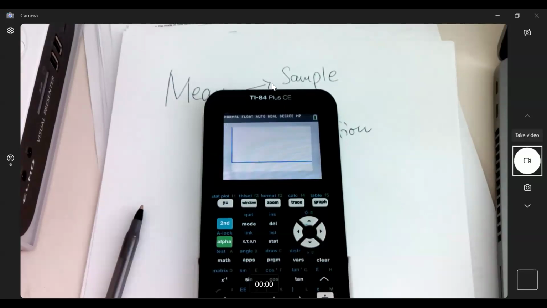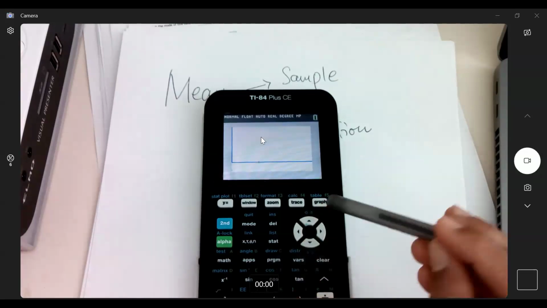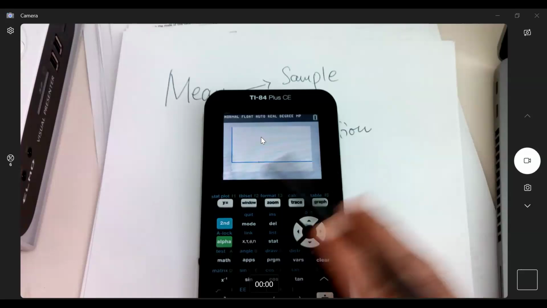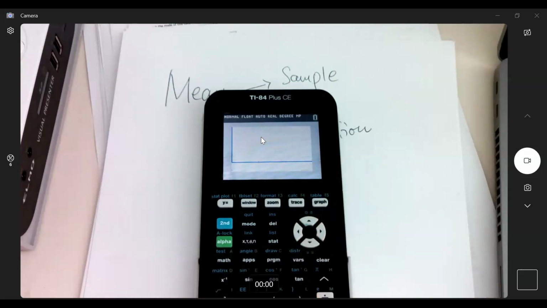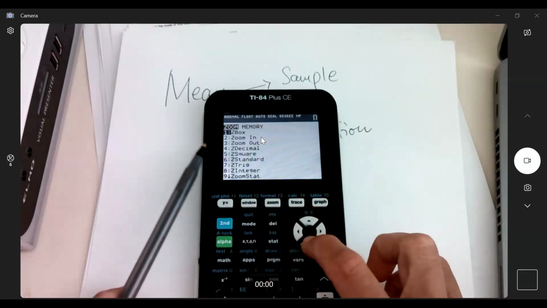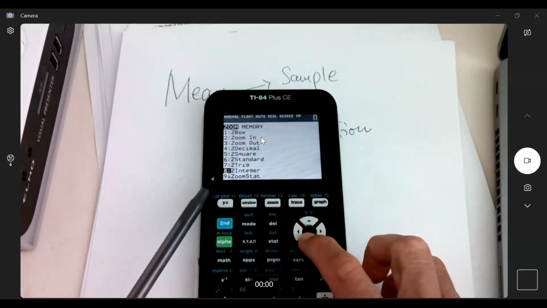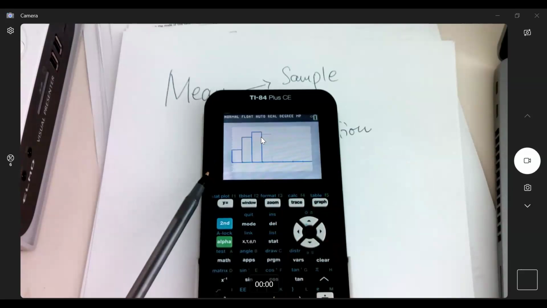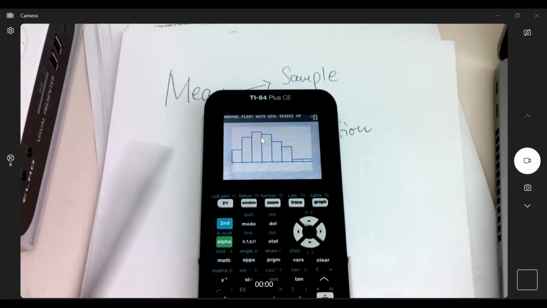Okay, awesome. So then you're going to press the button graph. It will show you either the graph or the empty window like I have. If the window is empty, you will need to zoom your graph. Zoom, 9, ninth option. Say enter, and you will have your histogram.